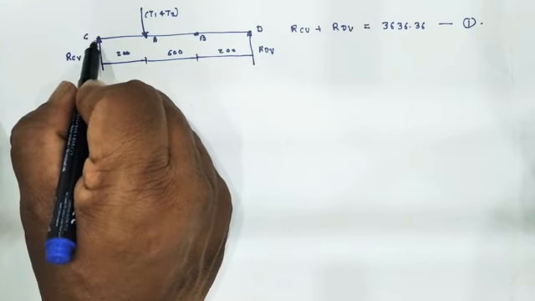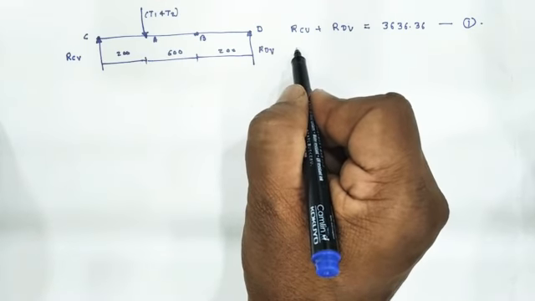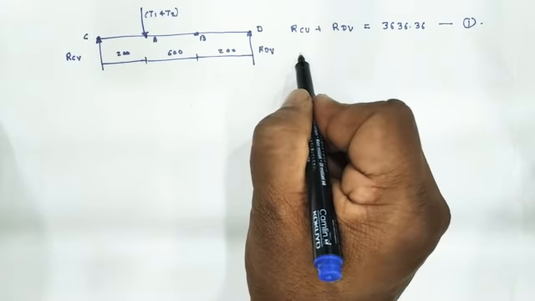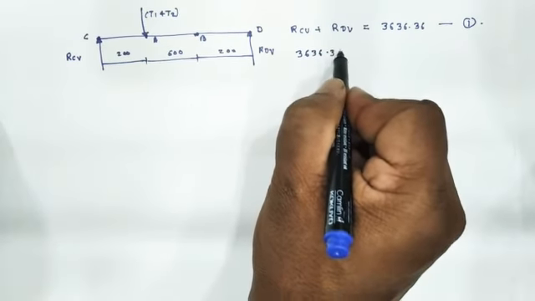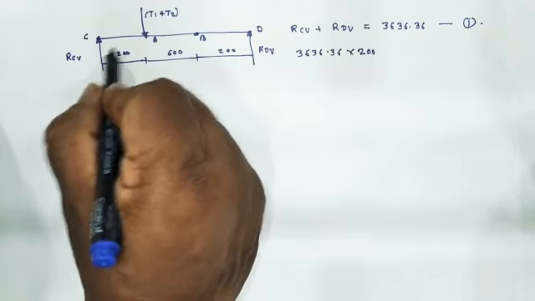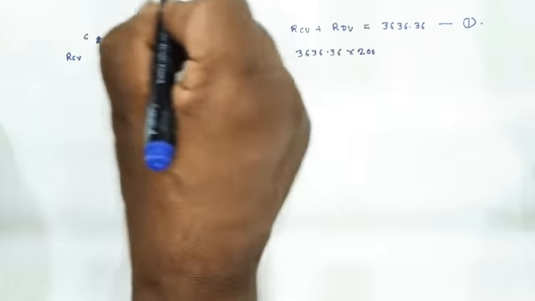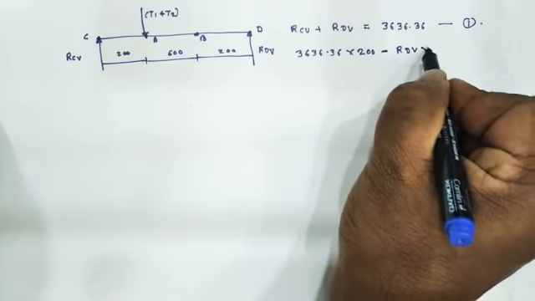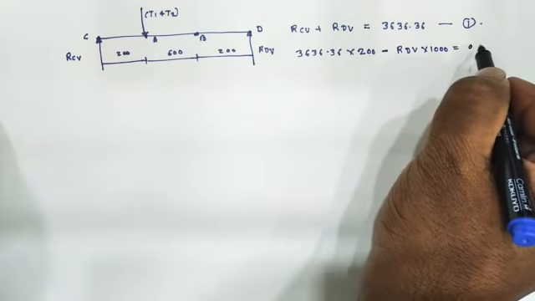So take the moment about C. So we have 3636.36 into 200, about this one, this into this 200. Then this is again anti-clockwise direction, minus RDV into 1000 is equal to 0.